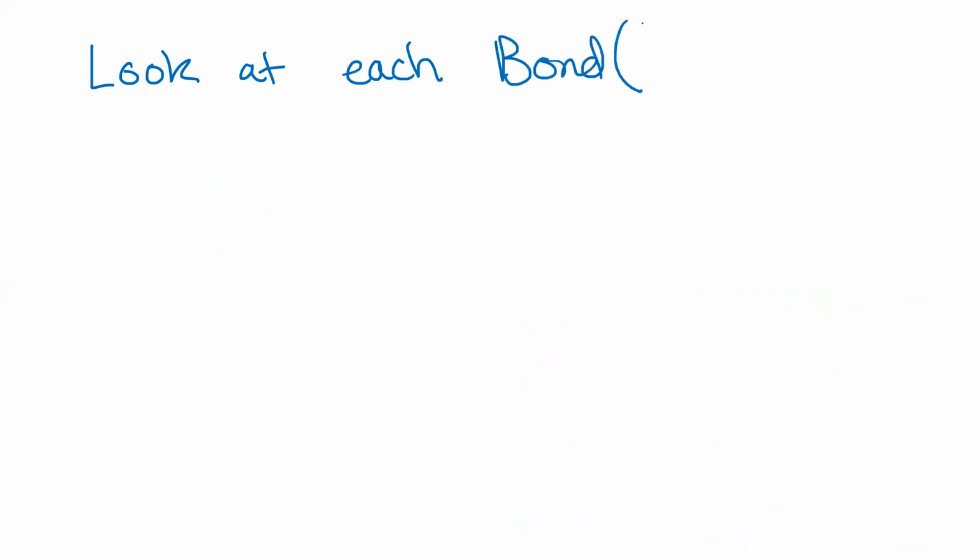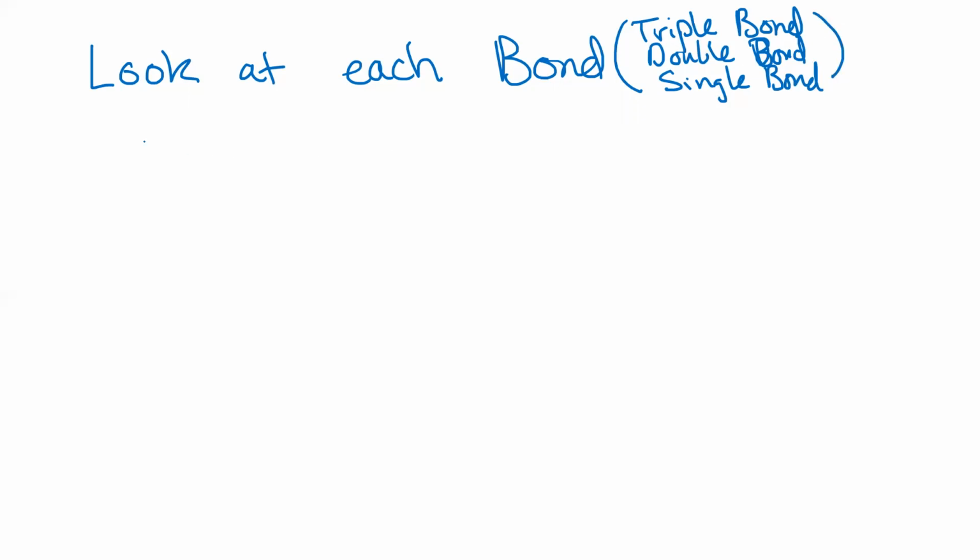So you look at each bond, and I'm going to use a capital B. If it's a triple bond, if it's a double bond, if it's a single bond, that gets treated as one electron cloud.